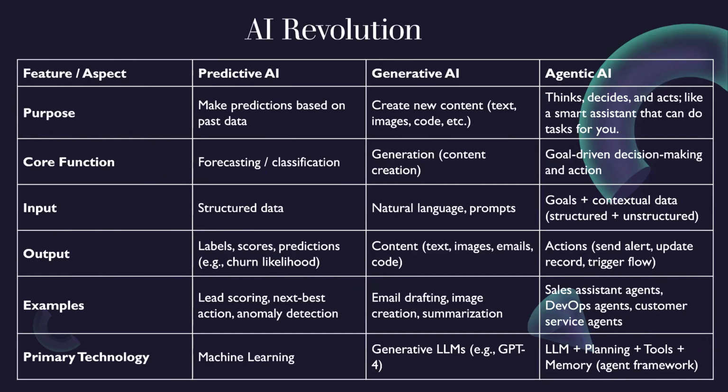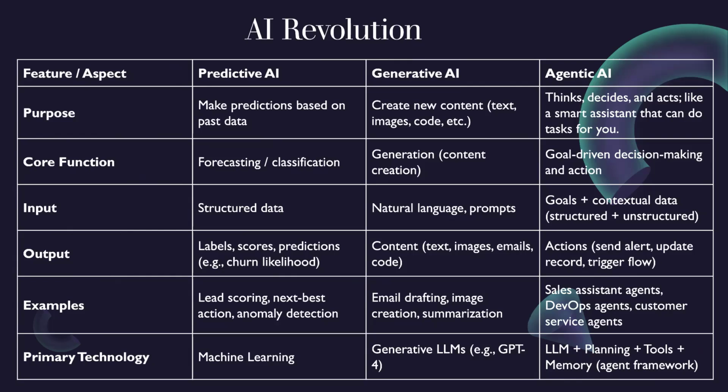The first wave of AI started with predictive AI, where we made predictions based on past data. We provided structured data as an input to predictive AI, and it generated forecasts and classifications for us. The core technology behind it was machine learning. Then we moved to the second wave of AI, which is generative AI.